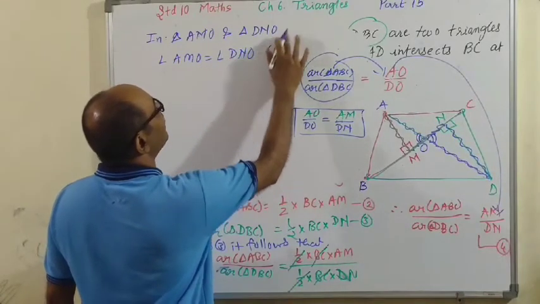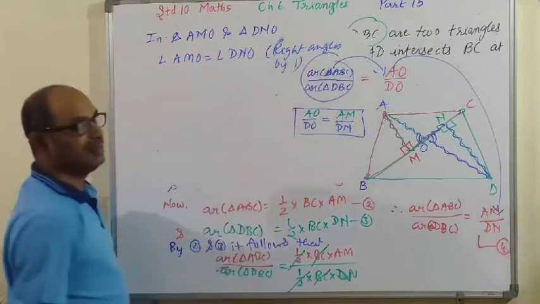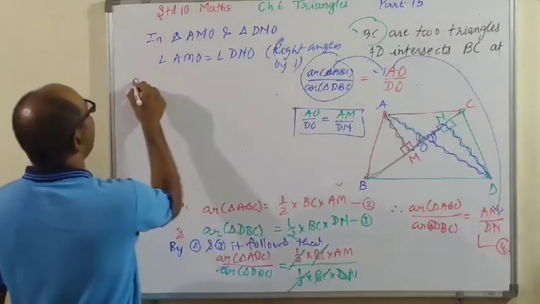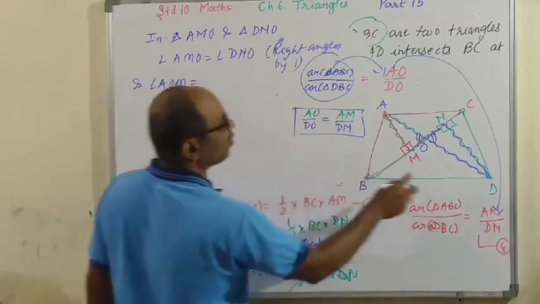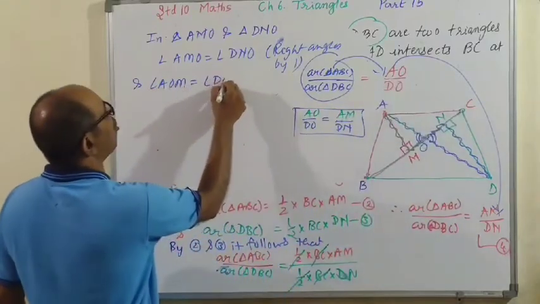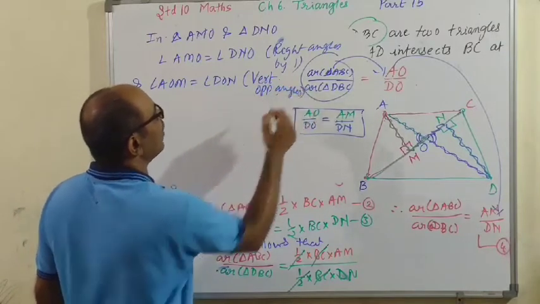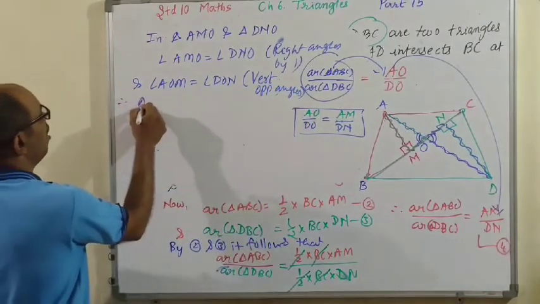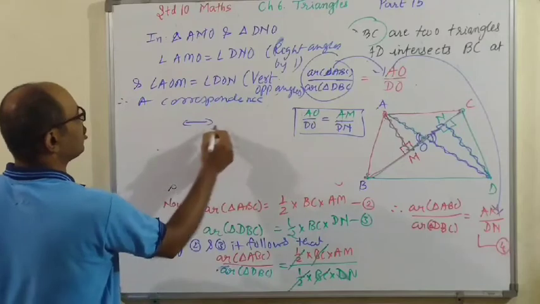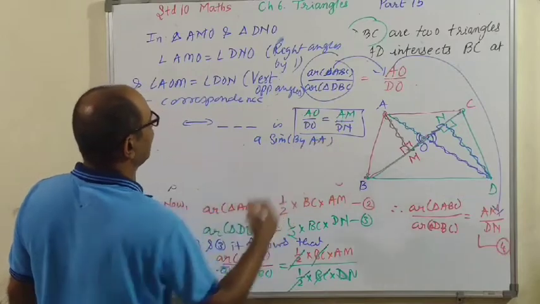Right angles by result 1, because they are perpendicular. And angle AOM is equal to angle DON, vertically opposite angles. Therefore, the correspondence, dash corresponds to dash dash dash, is a similarity by AA criterion.